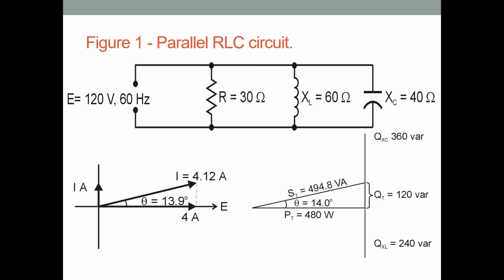We should also be able to determine what our phase angle is, as well as what our power factor is, in case we need to do any power factor correction. And we can also see whether or not this is a leading or lagging circuit. Since my ampacity for my capacitor is higher than the ampacity for my inductor, this is a leading circuit for us.